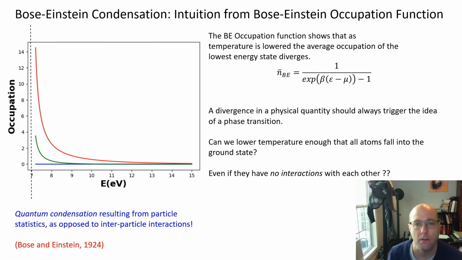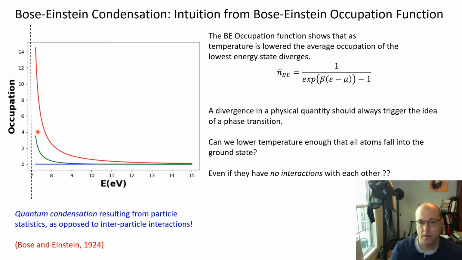And it suggests this interesting possibility of a condensation in the absence of interparticle interactions. Very unusual. But I do want to say this is just intuition. This calculation doesn't really correspond to something that is physical, and this is where the discussion of this topic starts to get a little bit subtle. It's easy to see why it's not physical, because what we've basically done is say we've got a chemical potential mu, and we said it was fixed as we vary the temperature of the reservoir to which this gas is coupled.